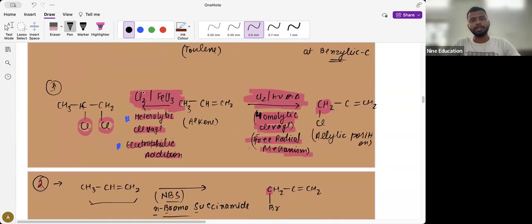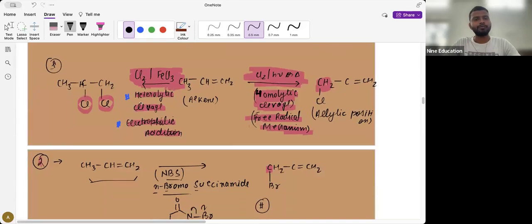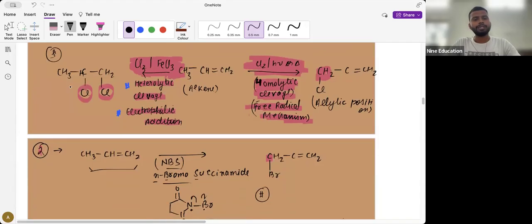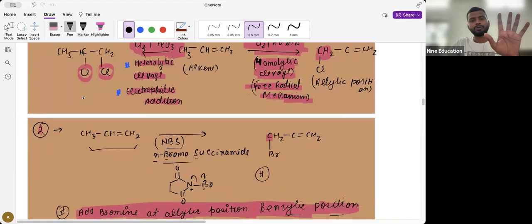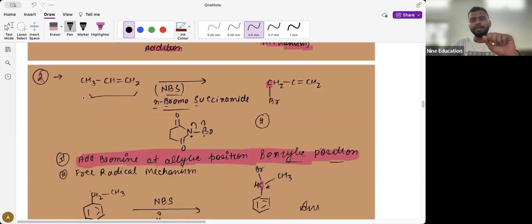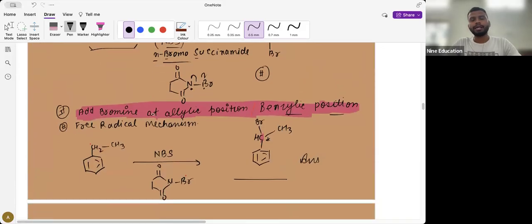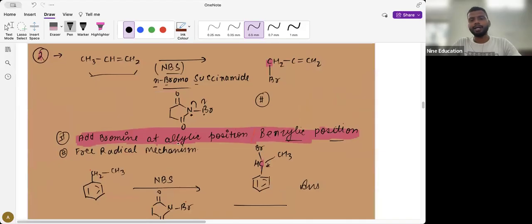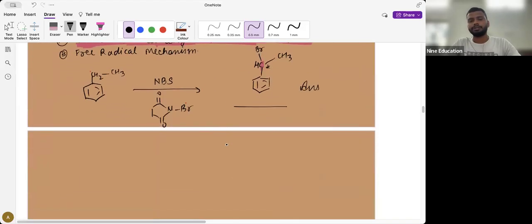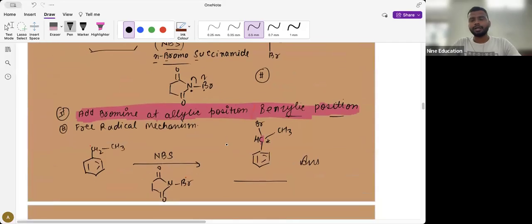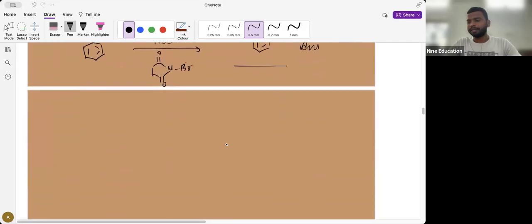If I use Cl2 with FeCl3, the Cl will act in an electrophilic addition reaction with heterolytic cleavage, and Cl will add on both the carbons. The last one was NBS. If I use N-bromosuccinimide in the reaction, we have a free radical mechanism and we add bromine at the allylic or benzylic position. So this was our preparation from alkenes.